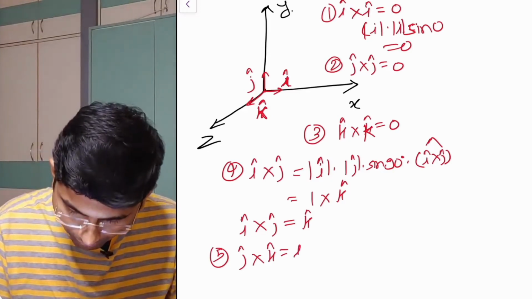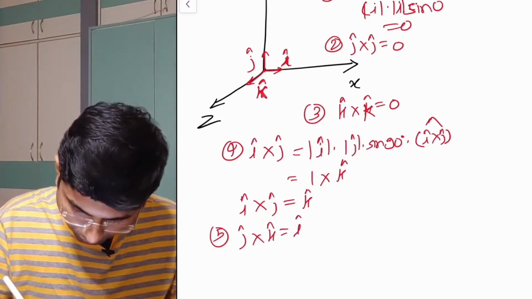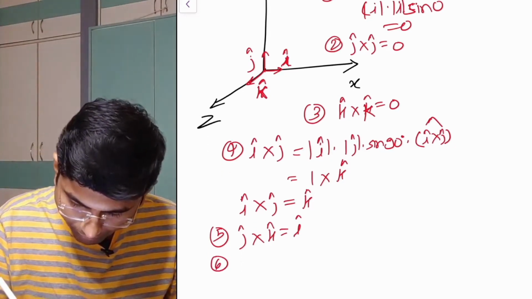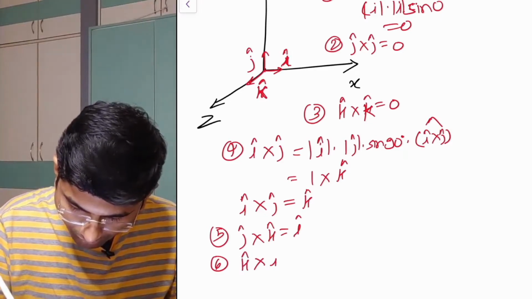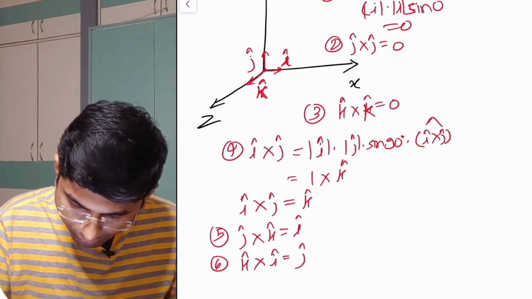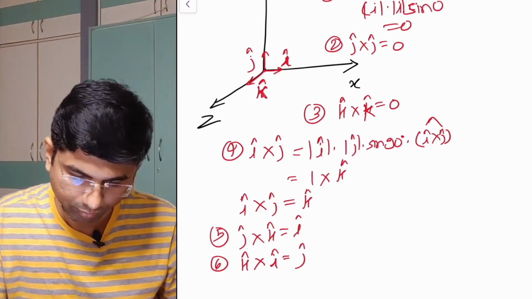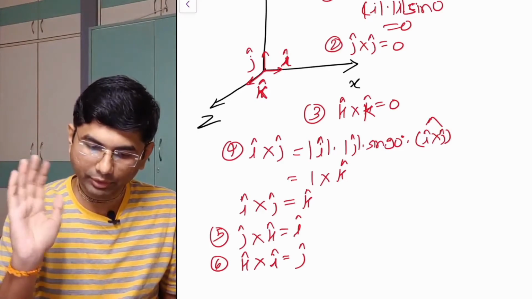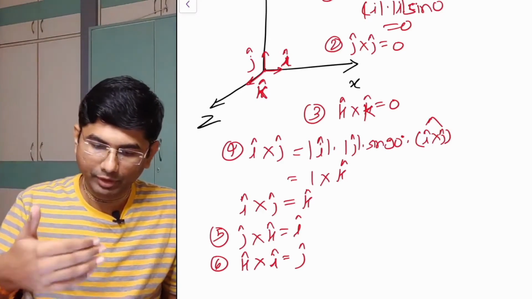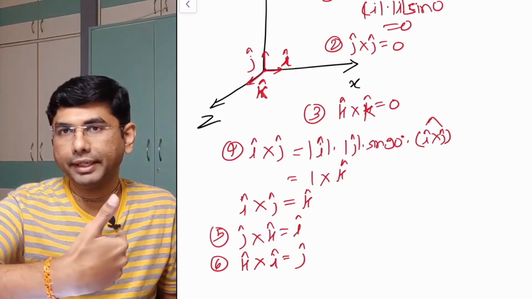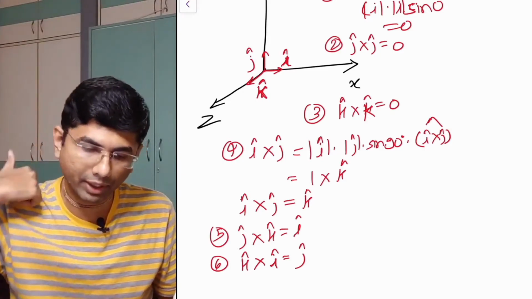That's why the answer will be i cap. In the same way, k cross i is equal to j cap. Take k to i, it's going in the upward direction.